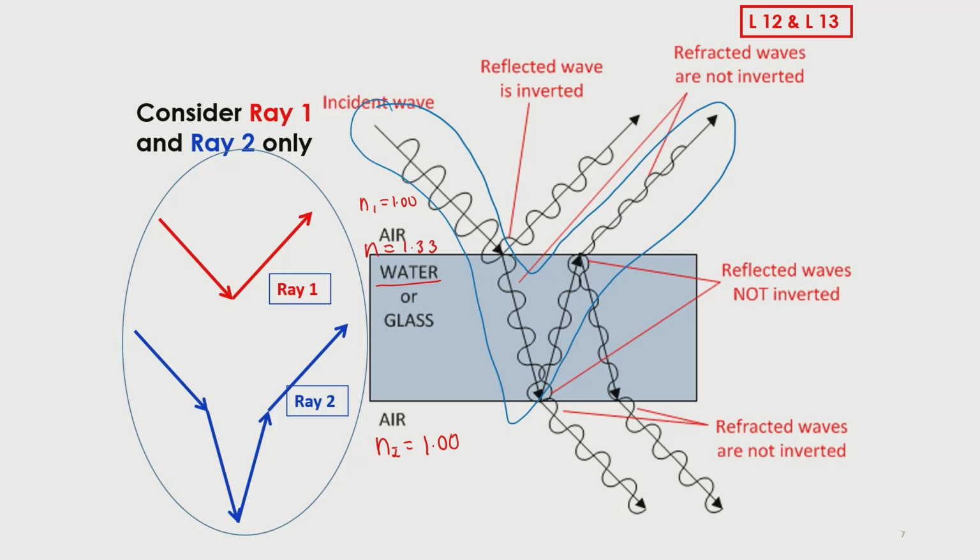As you can see, n equals 1.33 and n2 equals 1.00. So the refractive index of water or thin film is higher than the refractive index of air. That's why it does not undergo any phase change.